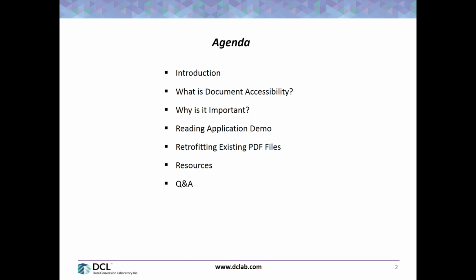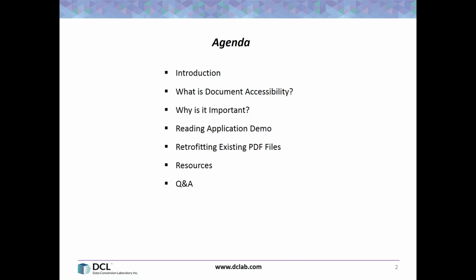Our agenda today will be, first, a little bit of introduction on who Data Conversion Laboratory is, for those of you who are new to us. We're going to talk about what data accessibility really means and what it implies. It's a bit broader in context than most people think. Why is it important? Some of it is obvious, but it actually applies to a very large population when you really look at it.